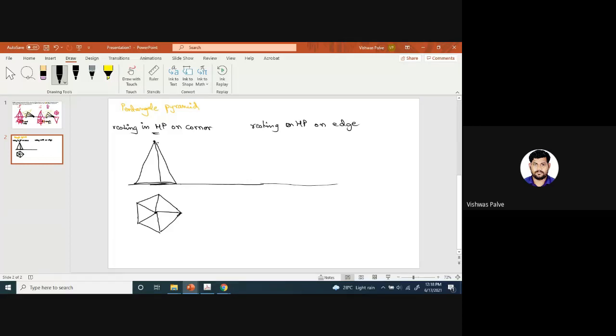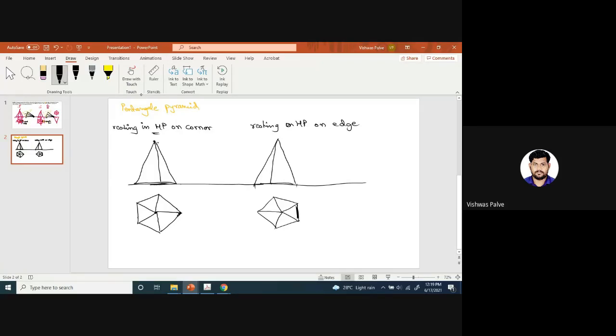If they say that it is resting on its edge, then you have to draw it like this. And if you tilt this, then it will be resting on one of its edges. So this is the corner resting condition and this is the edge resting condition.